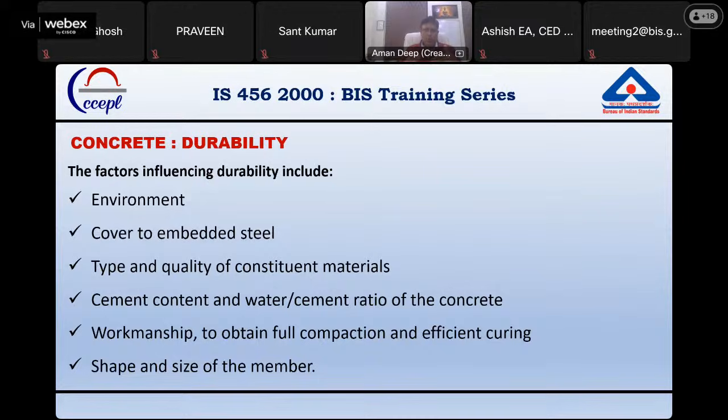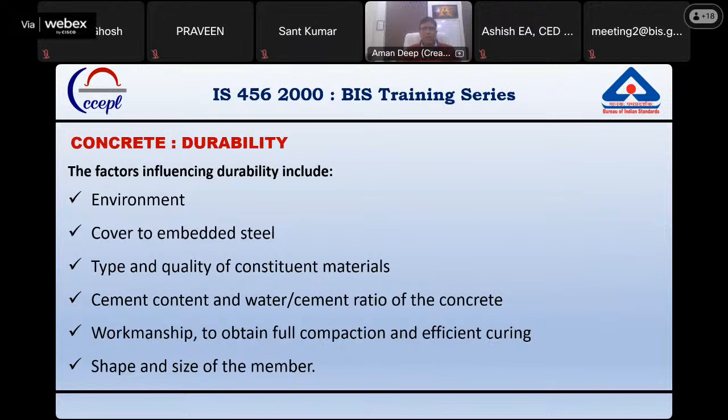If we have good cover, then we can have a larger, better life of the structure, because deterioration of the steel would take a lot of time to reach it, if there is an external attack from outside, maybe carbonation or some other things we can discuss. Because of all this, if there is an aging effect and the cover is good, we can save our reinforcement steel for a longer time and give better durability.